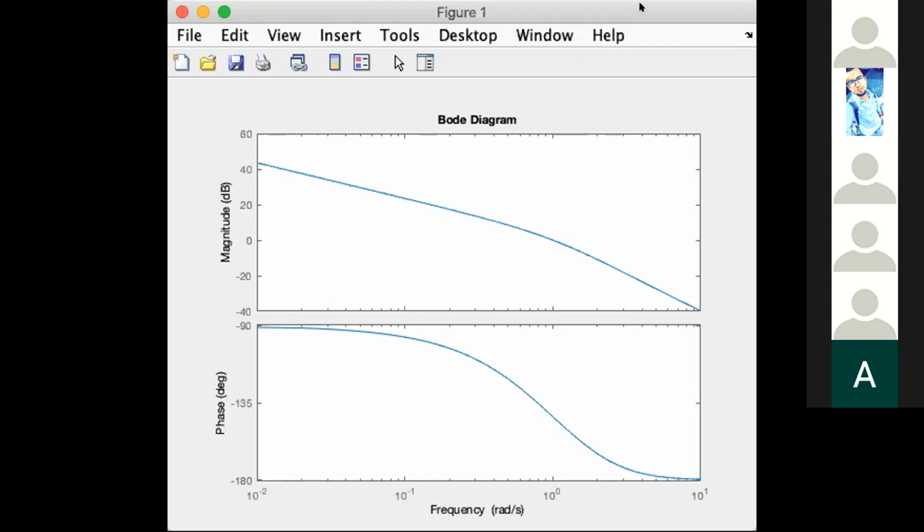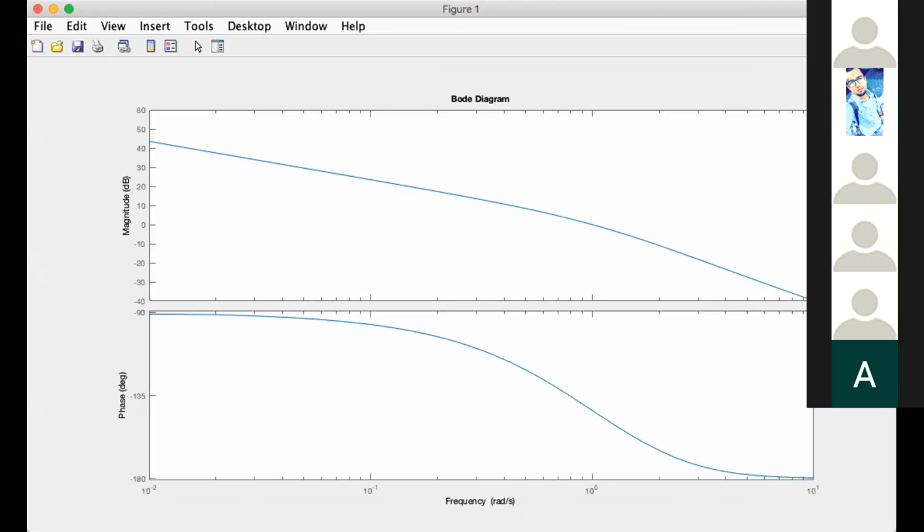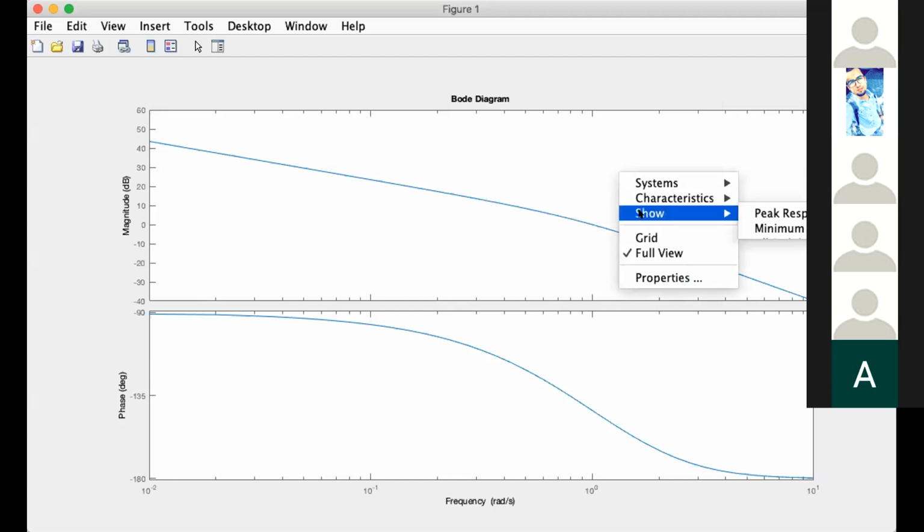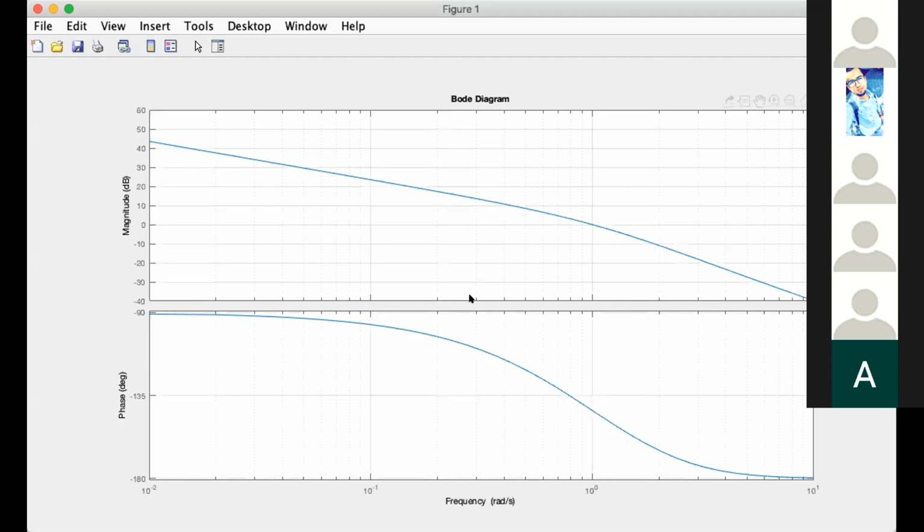Can you see? You use your mouse, right click, put the grid here. There you go. So that is the grid of the log scale.